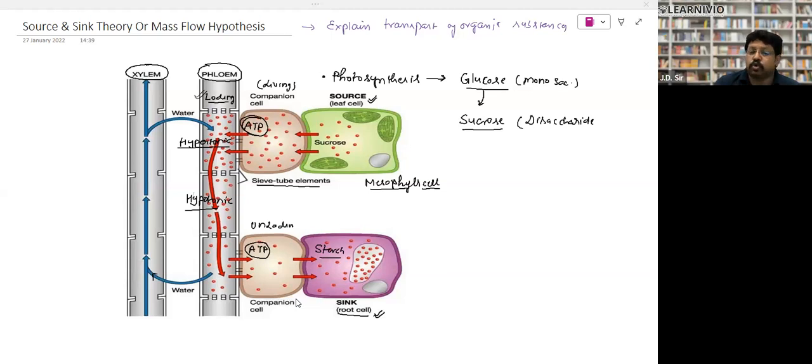But the source and sink may get reversed.